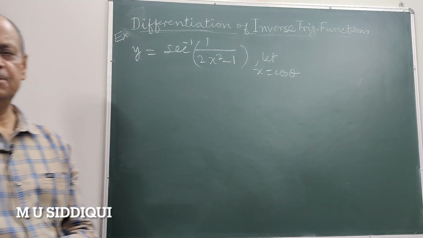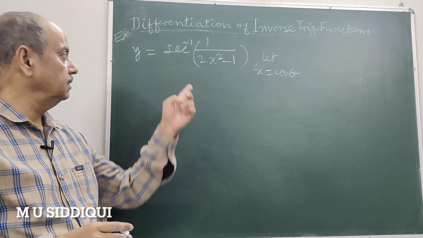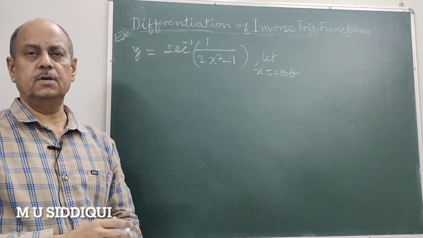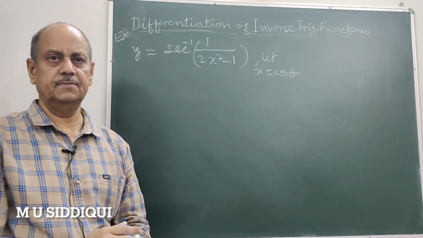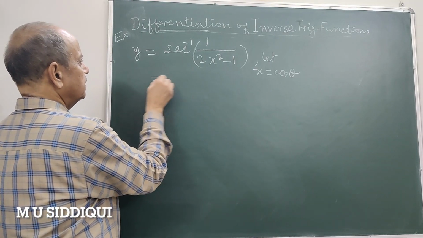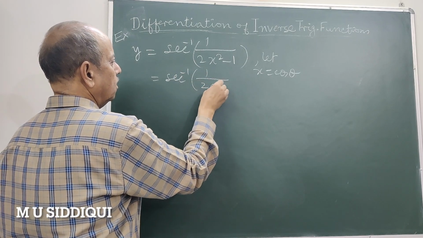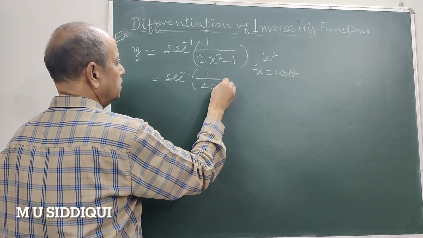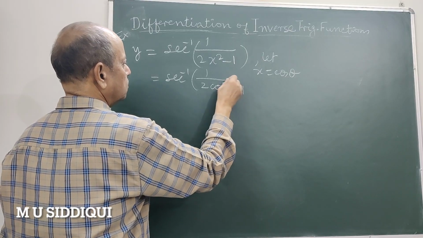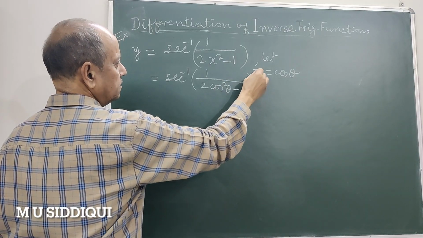But this will be possible only when you are fluent with your standard forms or identities in trigonometry, right? This makes it sec inverse 1 upon (2 cos square theta minus 1) by this substitution.